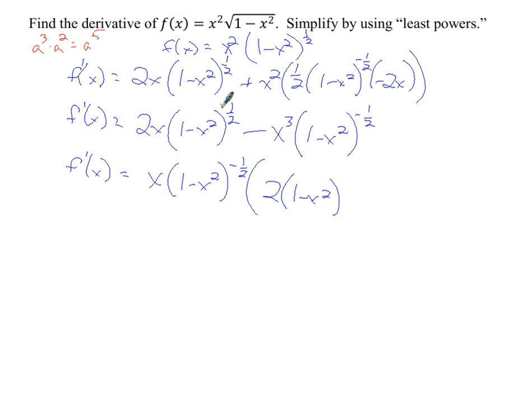So what I do is this. I take the exponent that I factored out and I add some exponent so that I wind up with the exponent that I started with in the first place before I factored. So negative 1/2 plus what gives me positive 1/2? 1. So this exponent must be 1.